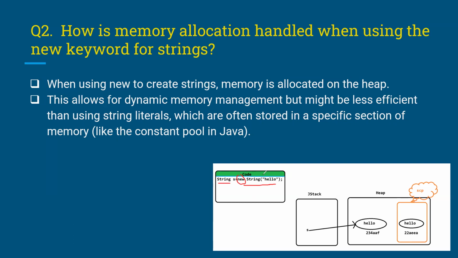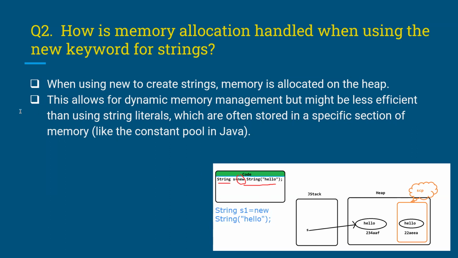The point here is that whenever we use the new keyword, it doesn't bother whether the same content is already available or not. For example, let's assume I take another string S1 = new String("hello").